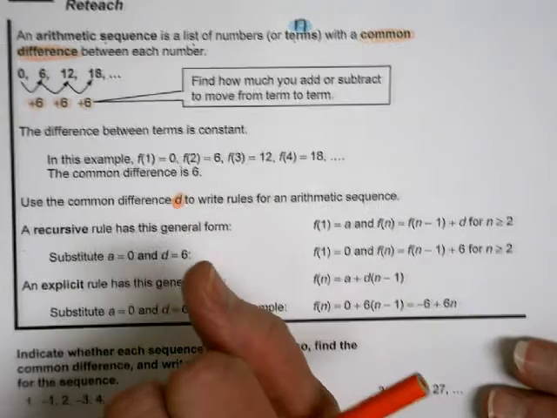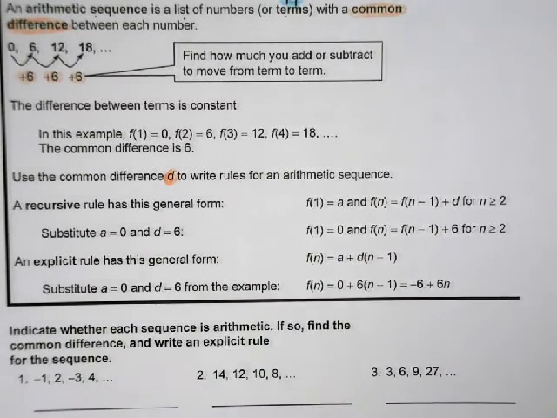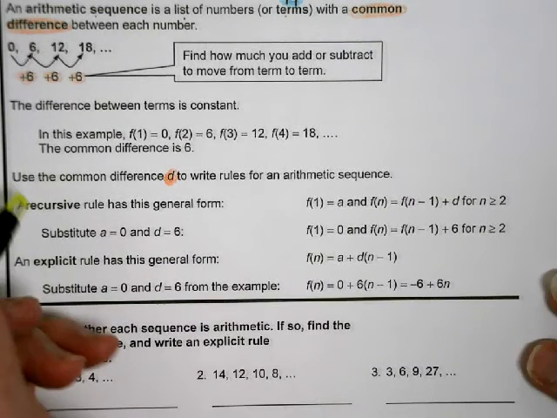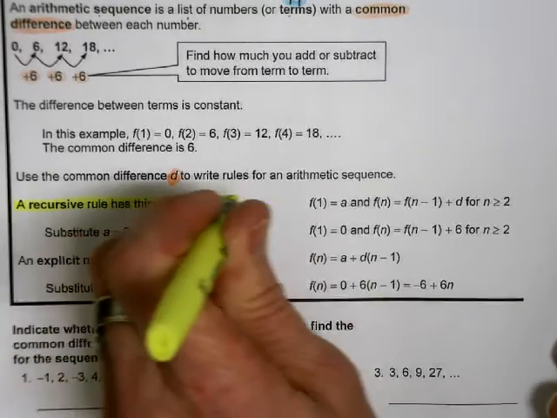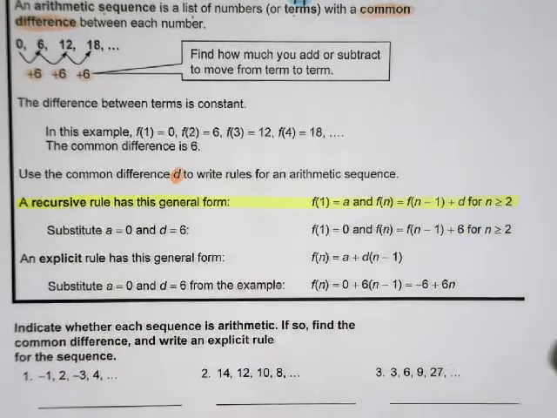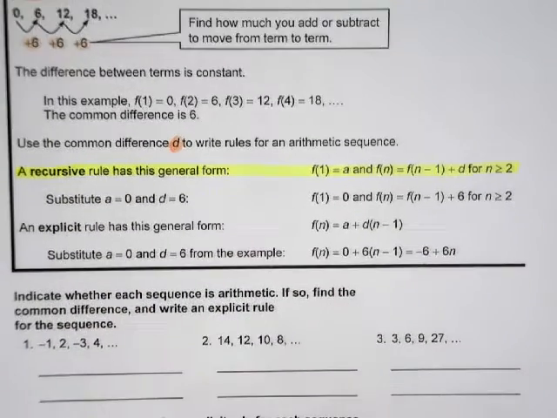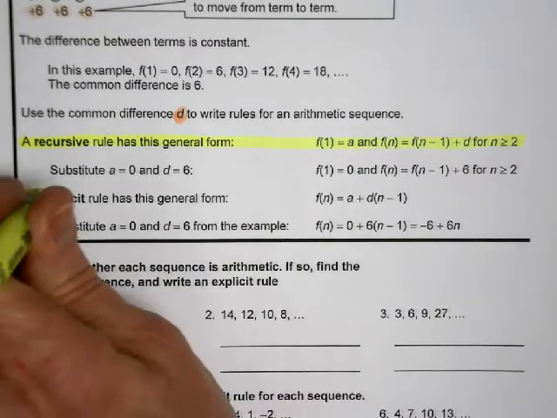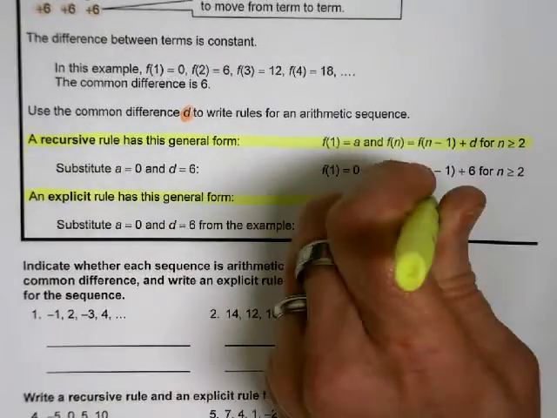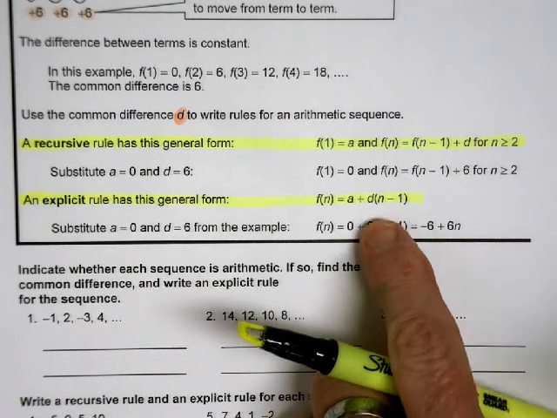So we got two rules. I call them formulas. They call them rules. Because rules are formulas. And I use a yellow so I can color on top of it. Because I want to pick out for you what your recursive rule looks like and what your explicit rule looks like. You notice I like the explicit rule.